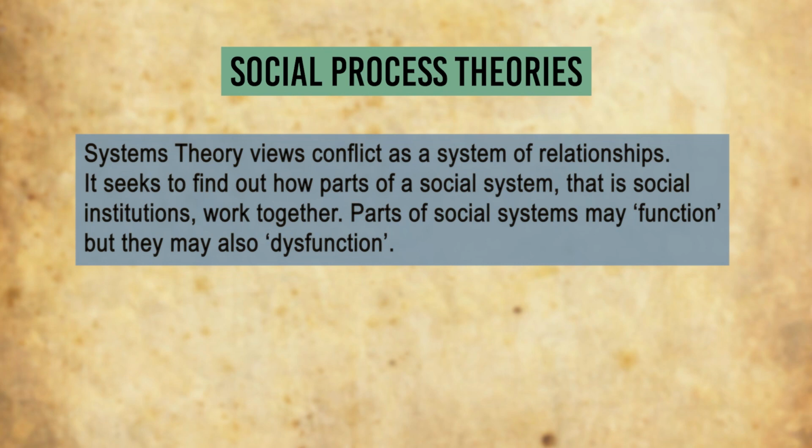It seeks to find out how parts of a social system, that is, social institutions, work together. Parts of a social system may function, but they may also dysfunction, just like we discussed a little while ago, that conflict has both functions as well as dysfunctions.